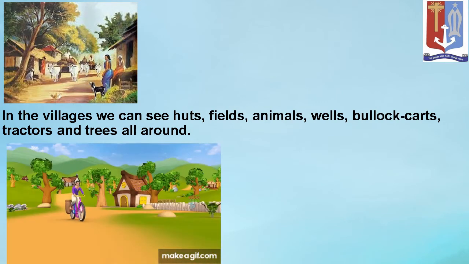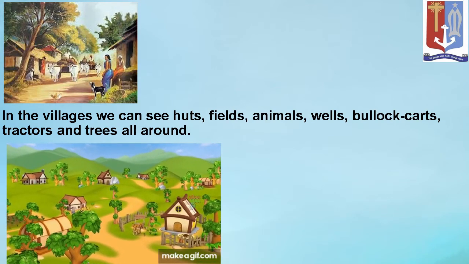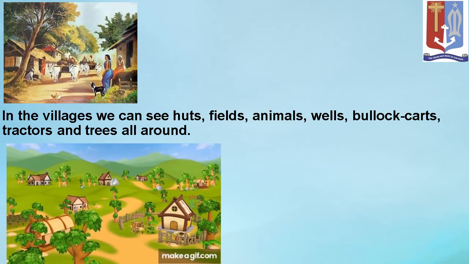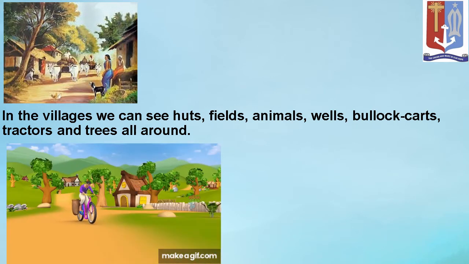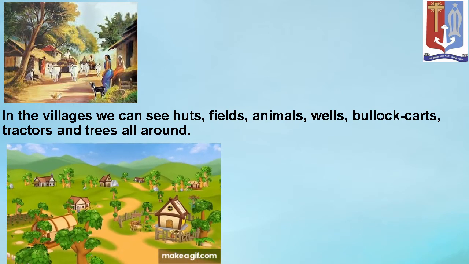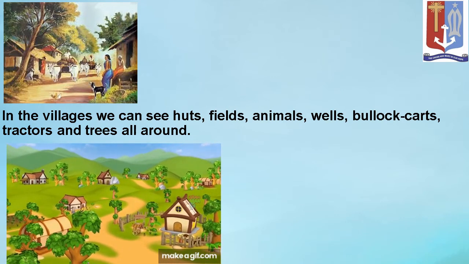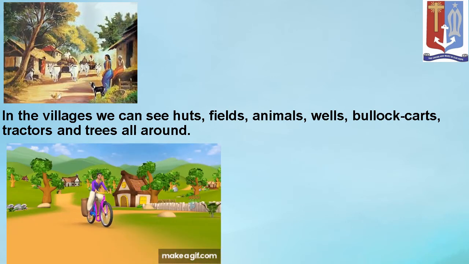We see wells, so there is a well where people pull water. Bullock carts, we see bullock carts. Bullock carts are carts that are driven by bullocks. Tractors, tractors are used to plow the field, and trees all around, so it's green everywhere.